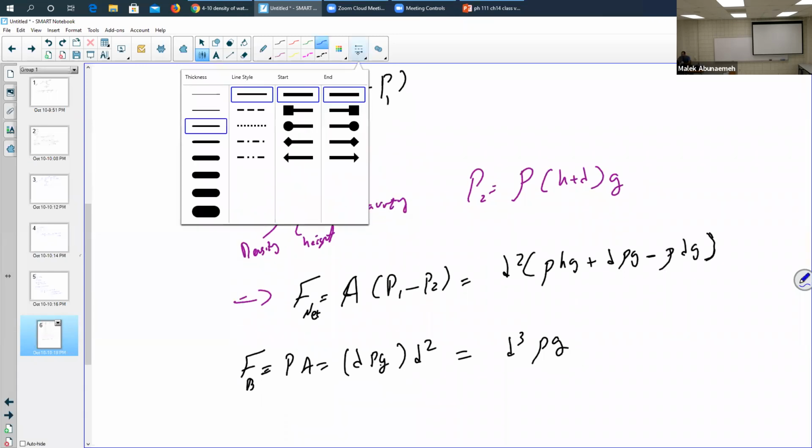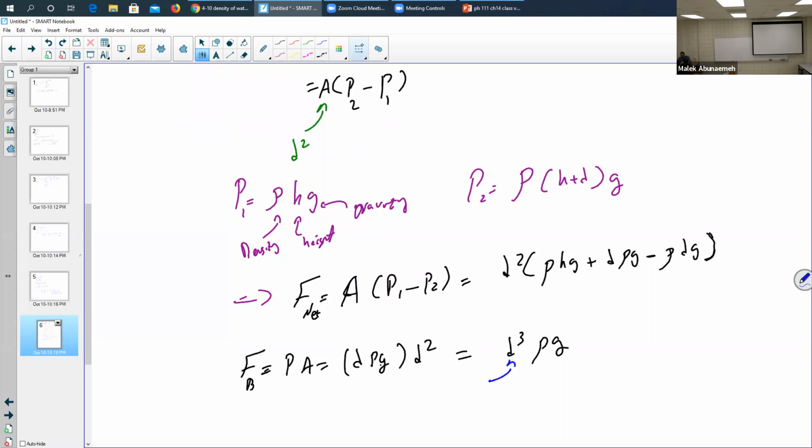And again, let me just label this down. Your d cubed, that's your volume. Rho is your density. And g is your gravity. Now, we notice that we have d squared, d cubed rho. Remember that your density was your mass per unit volume.